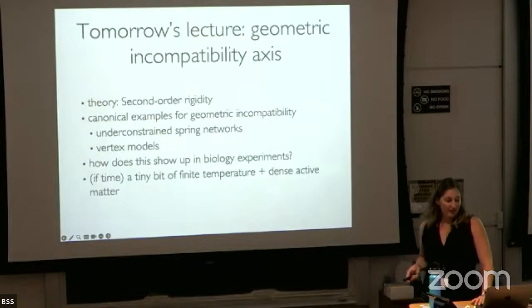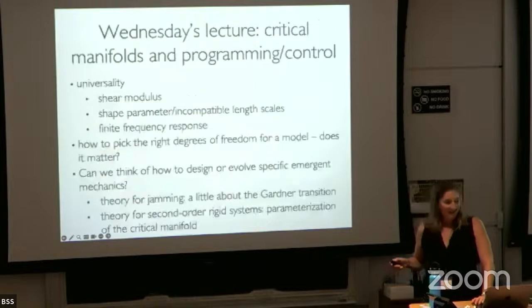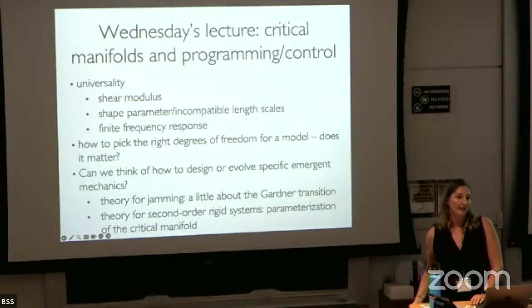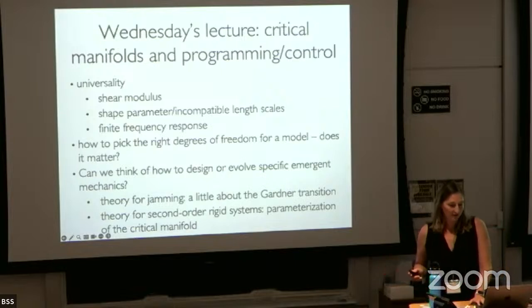Tomorrow's lecture is that other axis, the geometric incompatibility axis, as well as some more complicated example model systems like vertex models that generate that type of transition. Then we'll talk a little about finite temperature, maybe, or dense active matter. And on Wednesday, depending on what you find interesting and what there's time for, I want to talk about how you can design or evolve specific emergent mechanics along either of those two axes. Okay, that's where we're going to try to go.